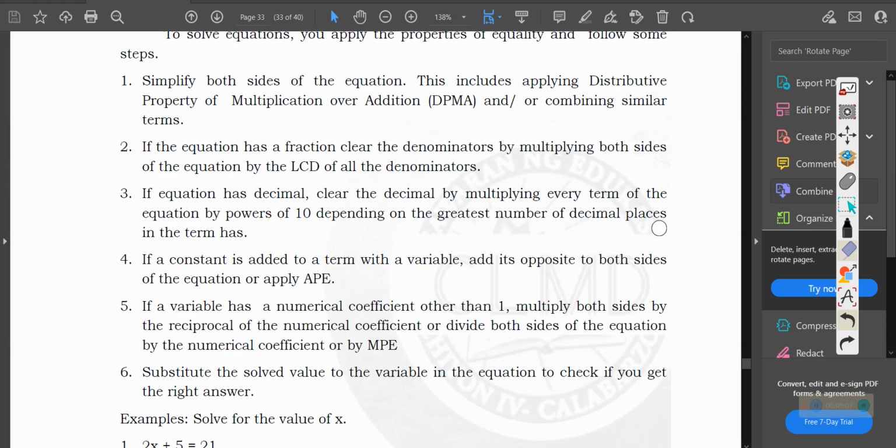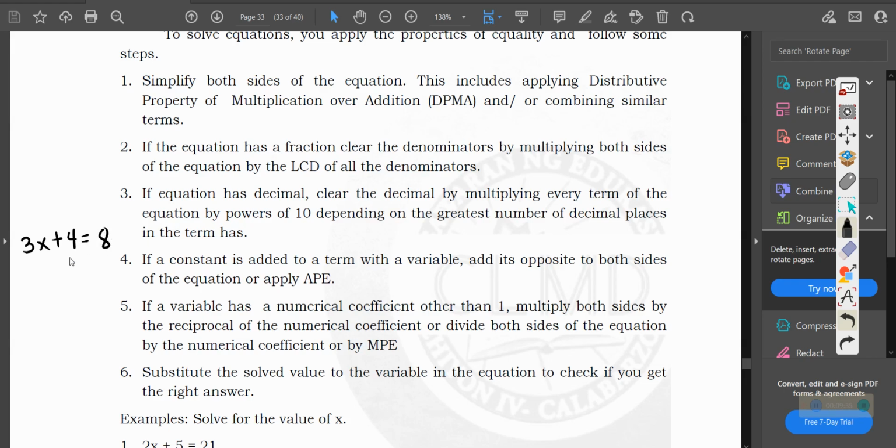Next po ay, if a constant is added to a term with a variable, we have to add its opposite to both sides of the equation or apply APE. So, mauuna po natin itong gawin. Kapag po ang given halimbawa ay ganito, so, halimbawa, meron po tayong linear term na 3x, and then meron pong constant na katabi.